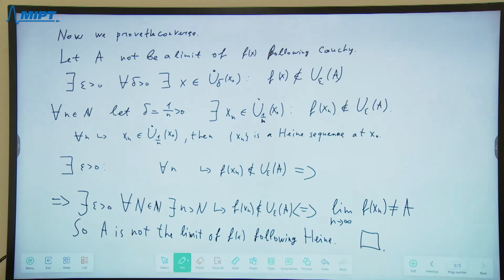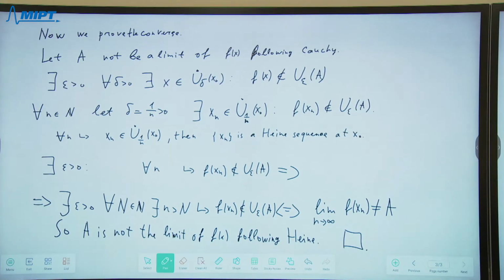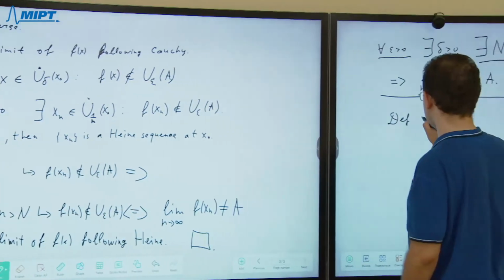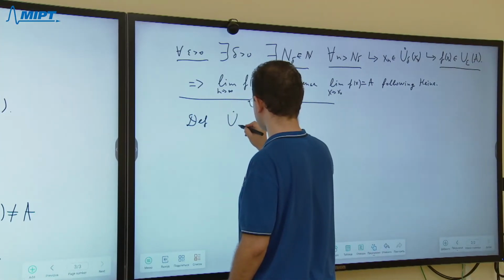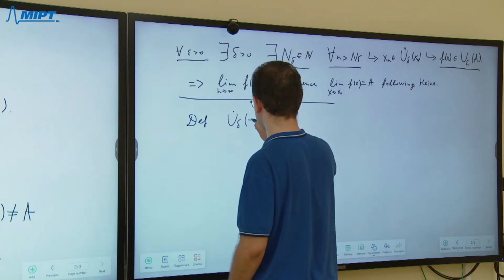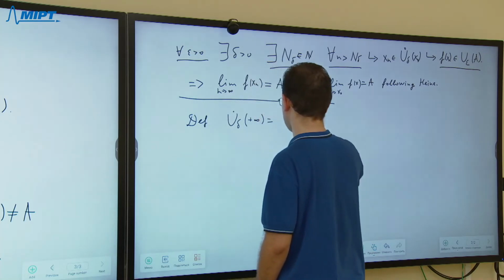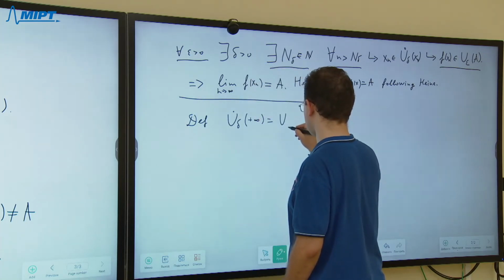Guys, I have realized that this proof would not work as smoothly for neighborhoods of infinity. So I'm giving you a new definition of neighborhood of infinity. Deleted neighborhood of plus infinity. This will also be just the neighborhood of plus infinity.